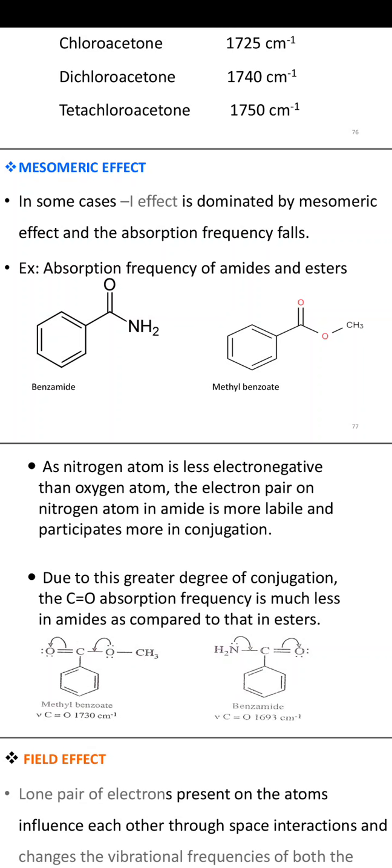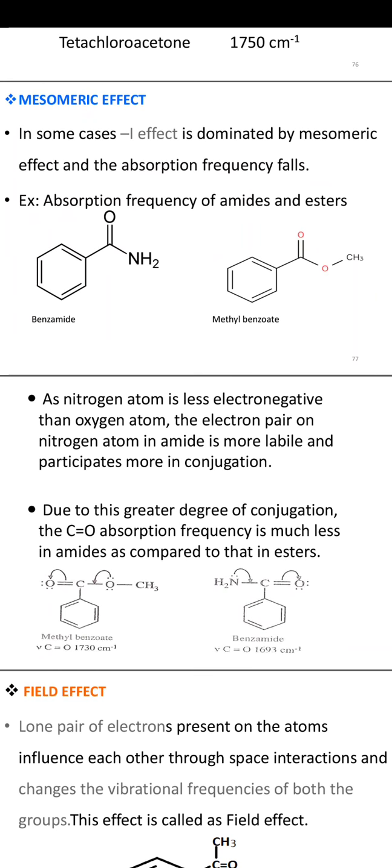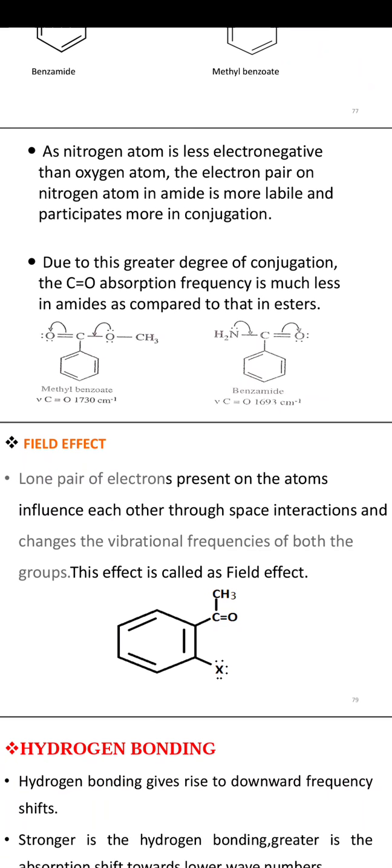You can see the change in the frequency: benzamide is 1693 and methyl benzoate is 1730. Means the nitrogen atom is liable to more conjugation, and the degree of conjugation is increased, so the frequency of C=O in the amide is less. But here both groups are oxygen, and because of that there is a higher frequency.